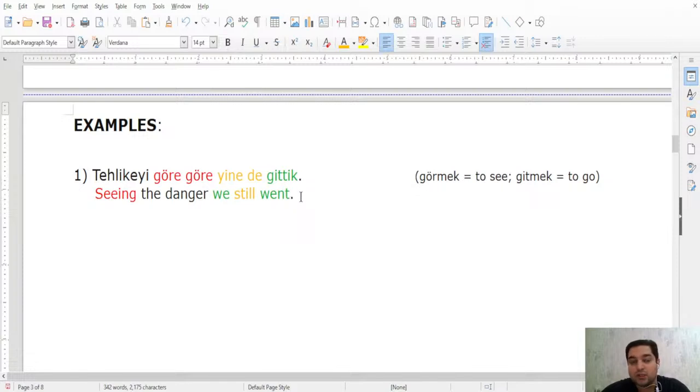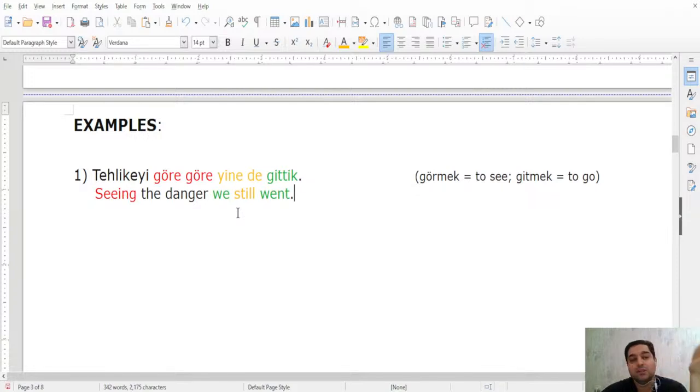So here you see, it doesn't necessarily mean görerek, okay? Because tehlikeyi görerek gitmek is different than tehlikeyi göre göre gitmek. Okay? It will not be the same here with görerek. Tehlikeyi görerek gittik means the format of that will be that we were seeing it, okay? It's not about the format here, it's about something else.